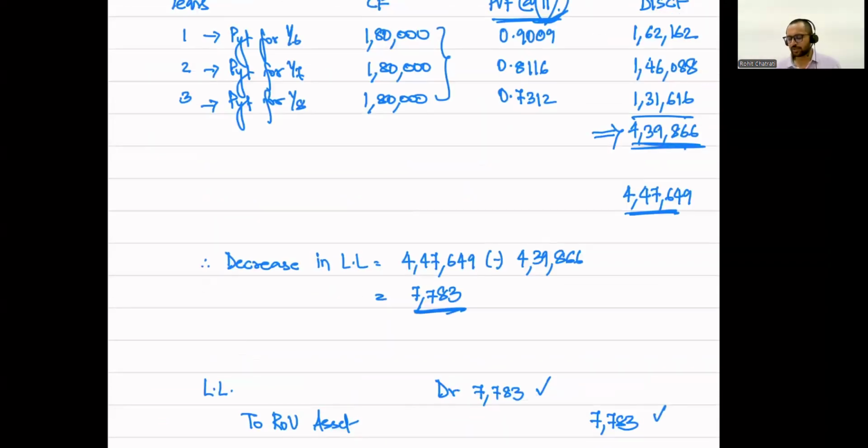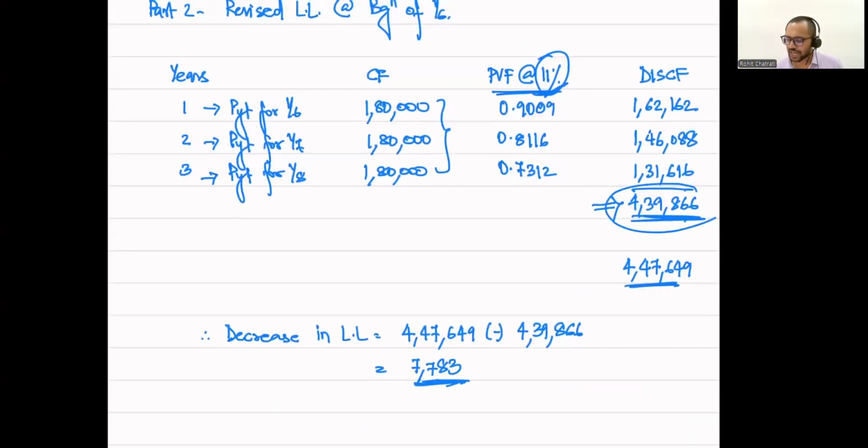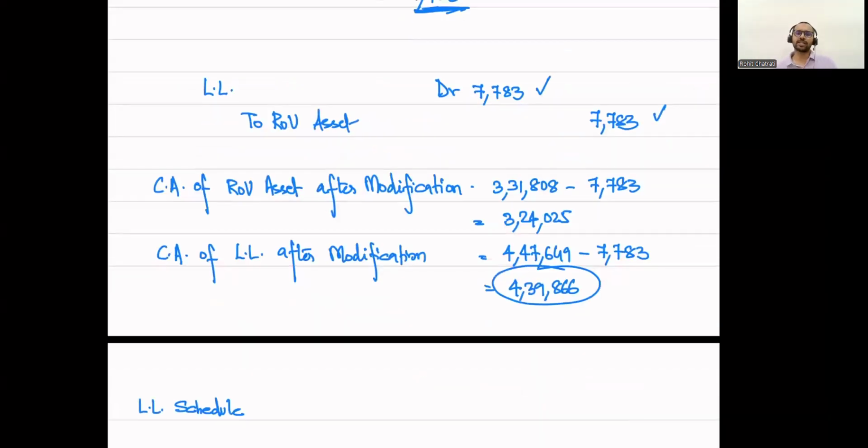After my decrease in lease liability after modification, my lease liability in the books will be equal to the revised lease liability of 439,866. This ROU asset of 324,025 will be depreciated over a period of 3 years. The remaining lease term is 3 years.